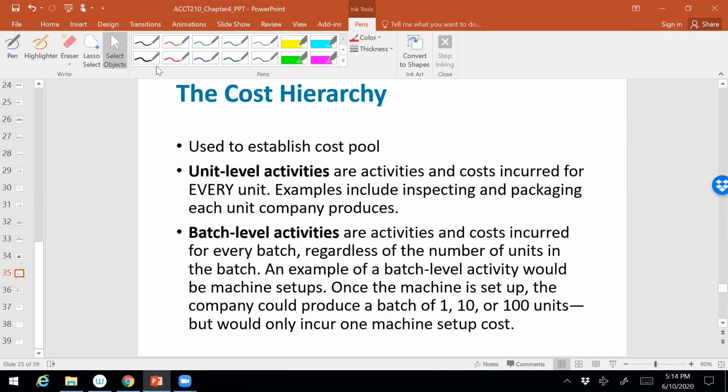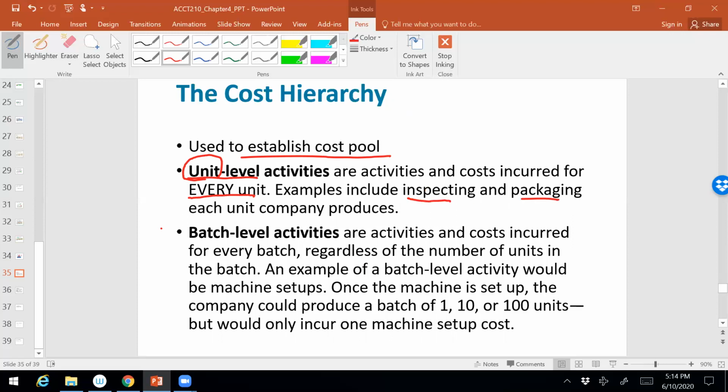We use this level to establish our cost pool. So we found out, hey, which level we should put in what pool. As we said, the first level is unit level. From the name, you can find out that it's related with every unit. Think about this, the inspecting and packing each unit.